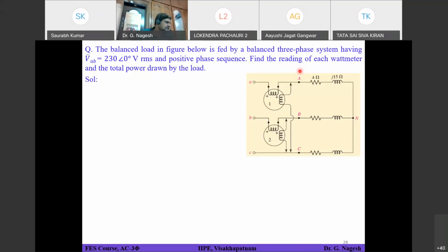So how to proceed? Has anyone got the phasor current first of all? What is the value of current IA? Start doing, sir. Okay, so please do that.